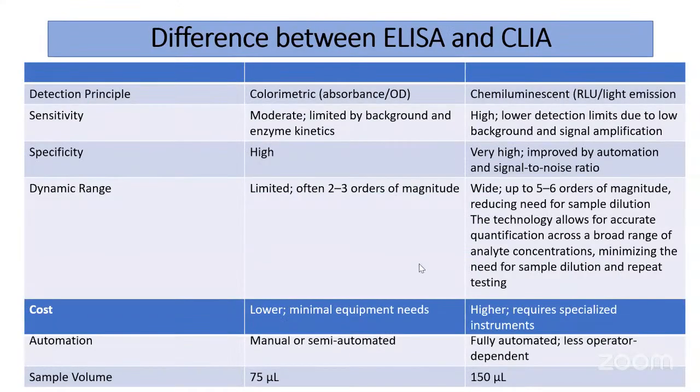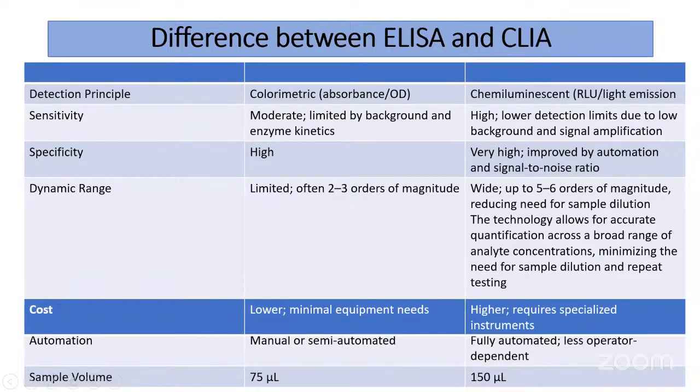So if you have to differentiate between ELISA and chemiluminescence, the specificity and sensitivity go up. As I said, the dynamic range is higher. Cost, obviously, if you want to get something better, you have to pay for it.